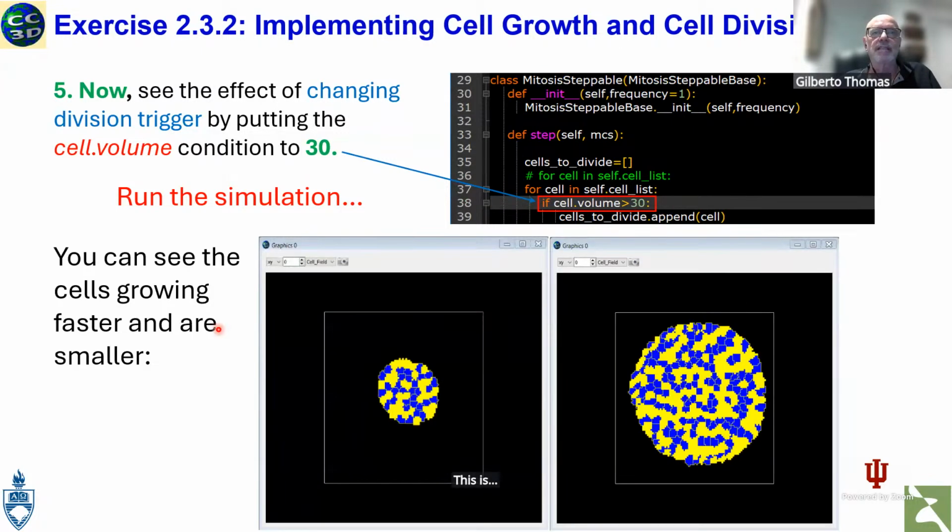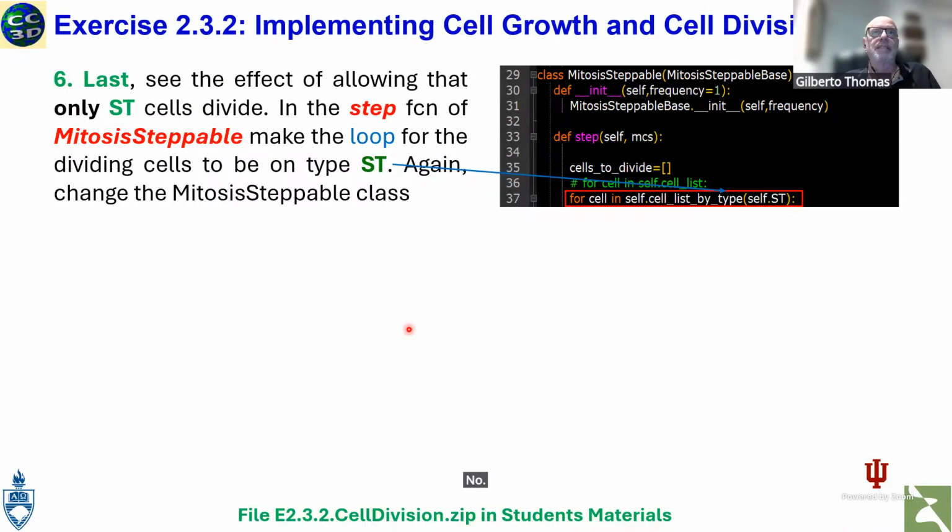You should see that the cells are smaller because now after the division, the cells acquire the size of 15, because it's half of 30, remember? But it grows much faster because the growth trigger limit is smaller.